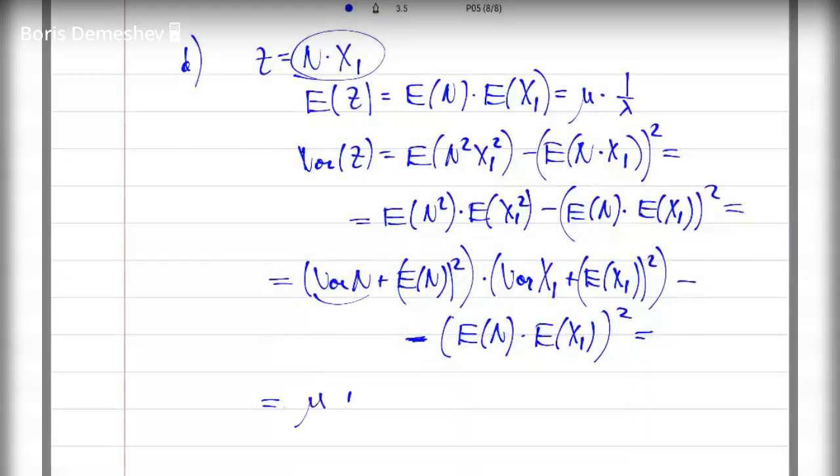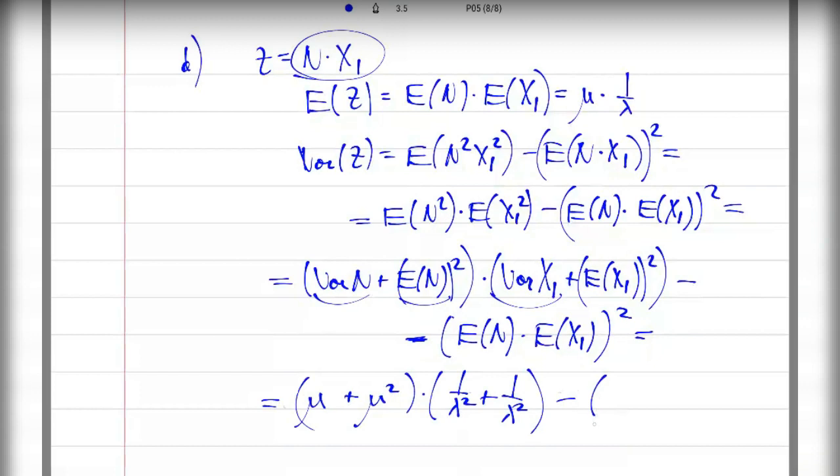Variance of n is mu, expected value of n is mu, variance of x1 is 1 over lambda squared, plus 1 over lambda squared, minus mu times 1 over lambda squared, and that's all.